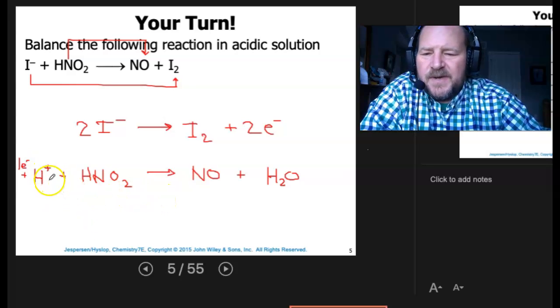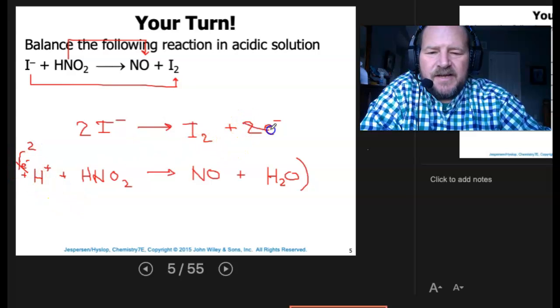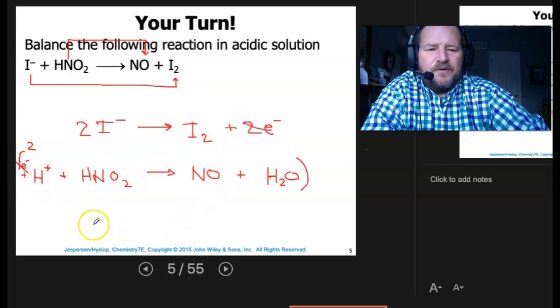Now to make our charge balances out, we have 1 electron on this side, 2 electrons over there. So we're going to multiply this whole thing by 2. My 2 electrons will now cancel out. And now I'm ready to write out the whole reaction.